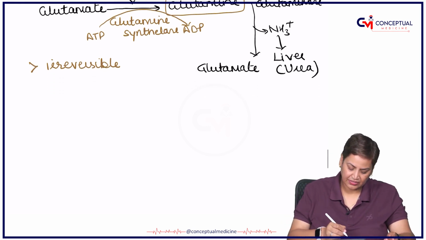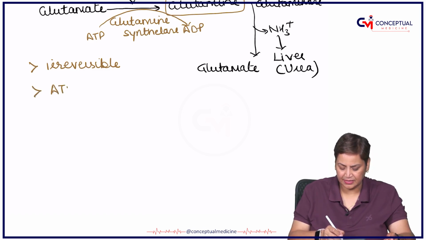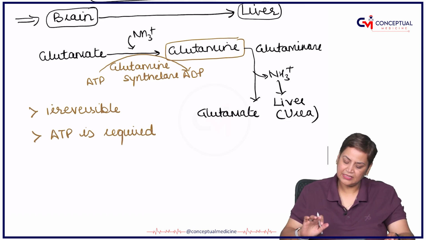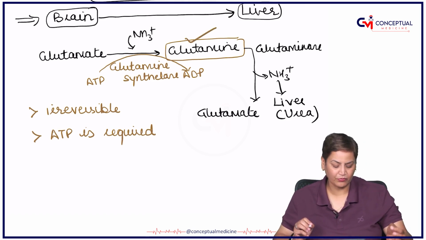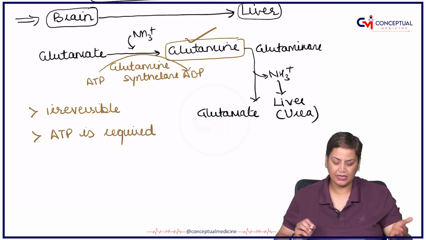This reaction, first of all, is irreversible. The second important point is ATP is required. So glutamine is the transportable form of this toxic ammonia from the brain to the liver.